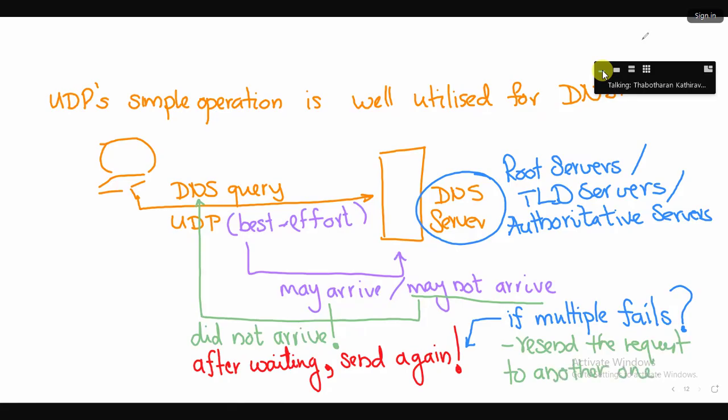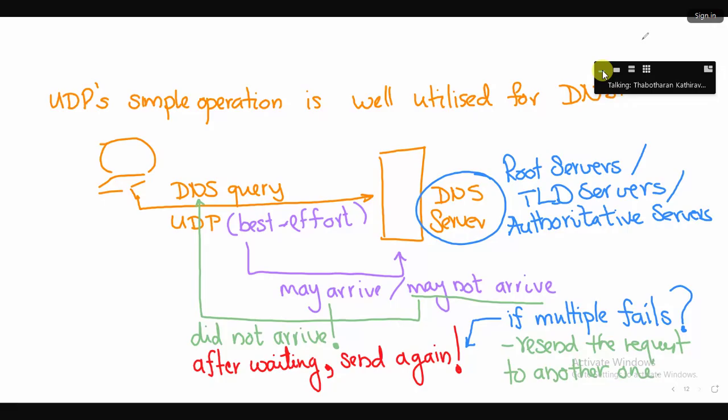So UDP and DNS requests are designed in such a manner that even after multiple tries, if it fails, you may send it to another one. Whenever the reply comes from your previous requests, when root servers tell about top level domain servers, they send you a list of top level domain servers.